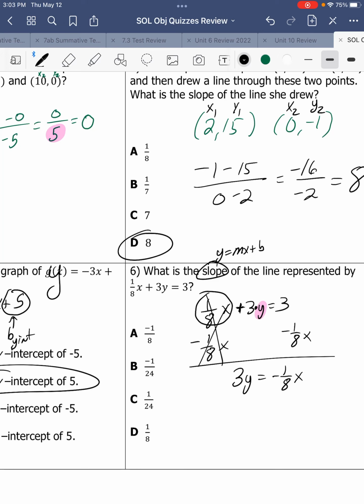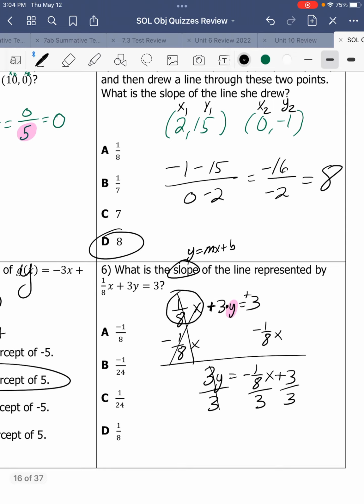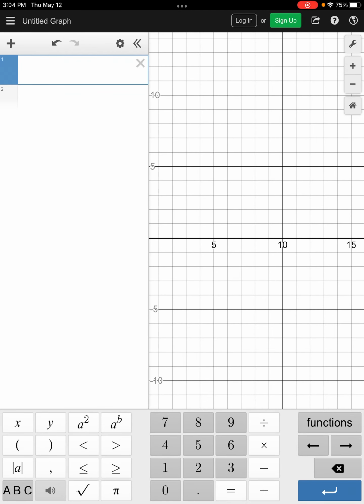So negative 1/8 x, and then the 3 is positive, so plus 3. Then I'm going to divide by 3. I have to divide every term by 3. That negative 1/8 divided by 3 is pretty ugly, so I'm just going to put it in the calculator. Negative 1 divided by 8, and then divide that by 3. Whoa.